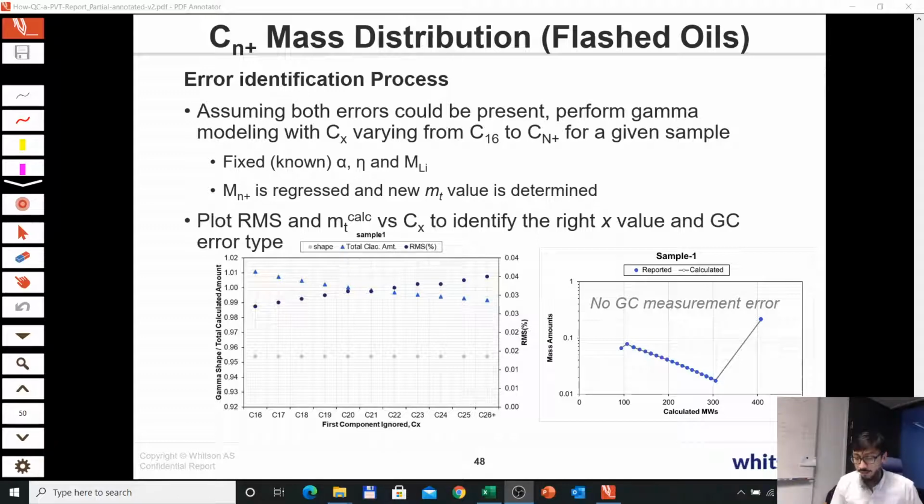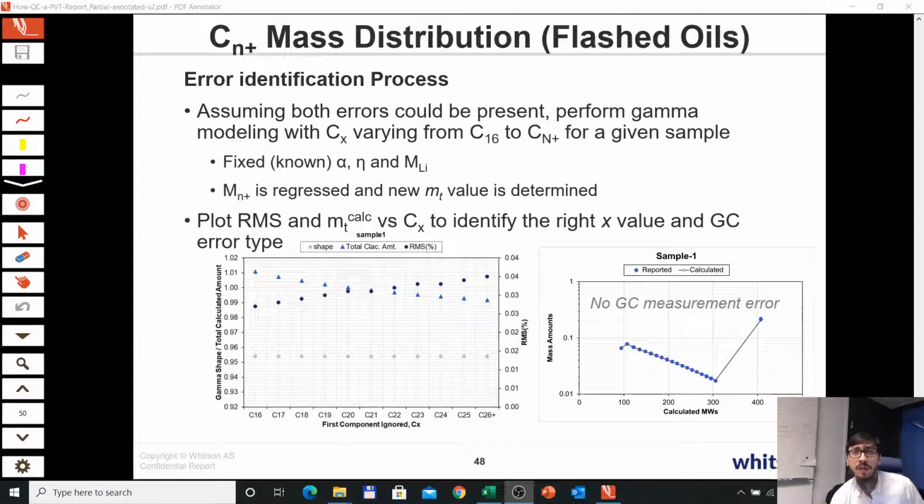Sometimes PVT labs give the chromatogram, the raw signal they get from the gas chromatography. They put a picture of that in the PVT report, and there they usually mention the internal standard.